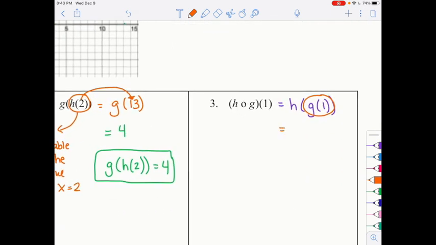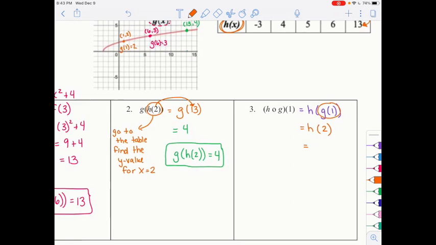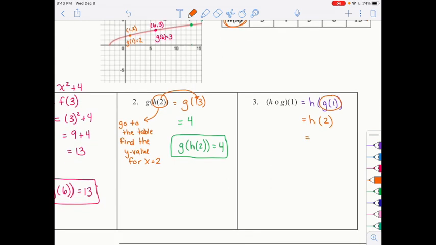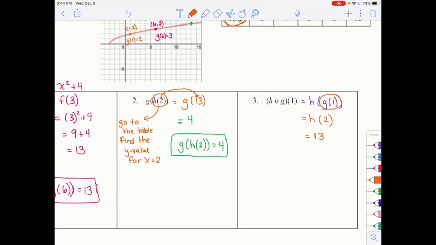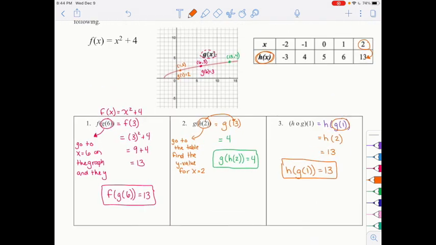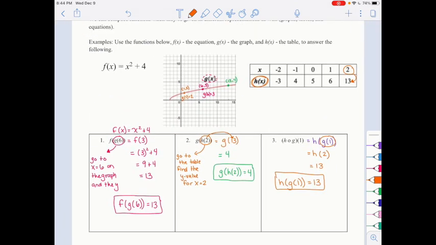So this will become h of 2, and then h of 2, as we saw from the last problem, was 13. So h of g of 1 got us 13. And that's composition of functions.